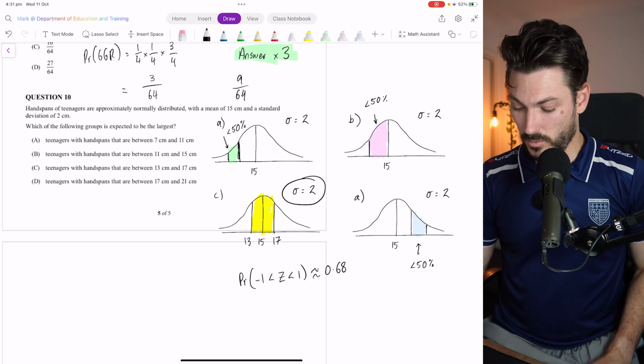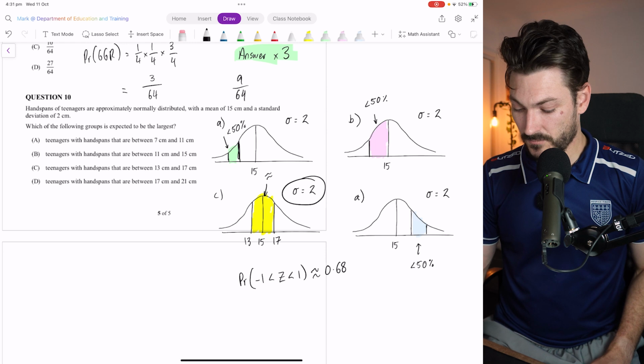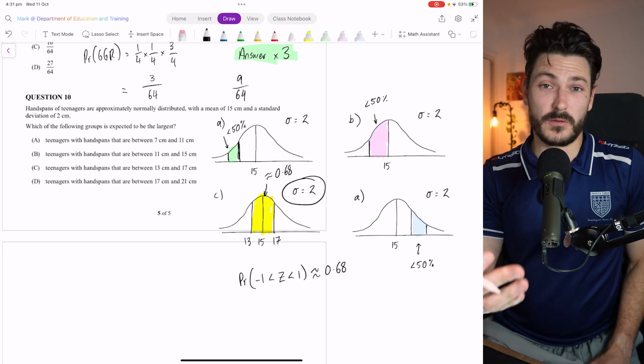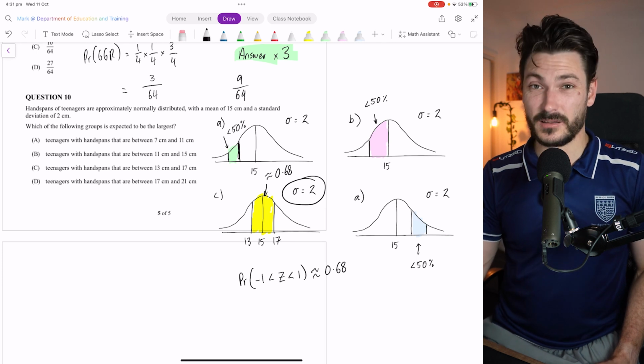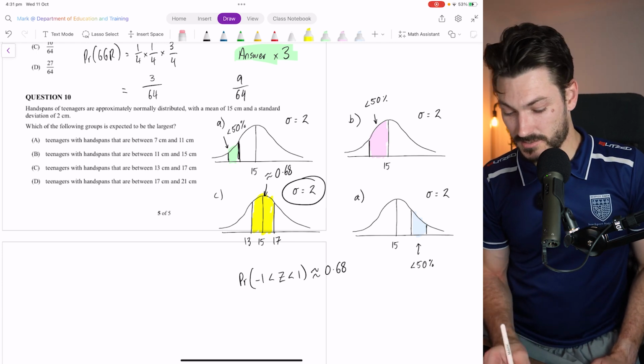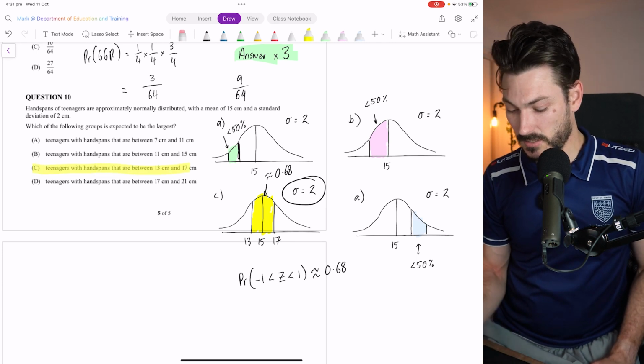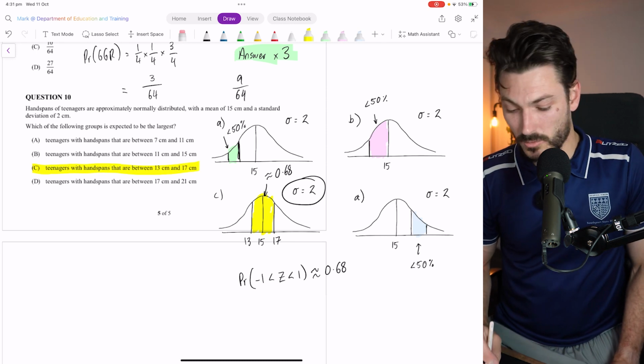So that means this yellow one here is approximately 0.68. Now, if all the other ones are less than 50% and this one is 0.68, then it's clear that C, and there's a reason I did this one in yellow, C is the answer to this question, the one with the largest group.